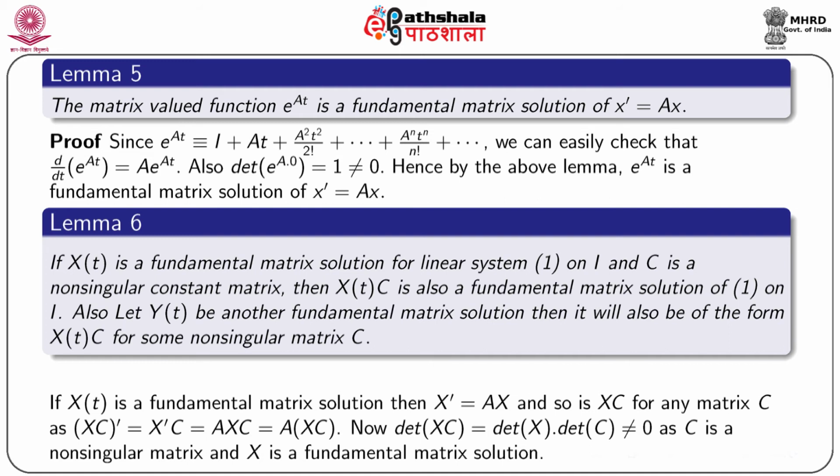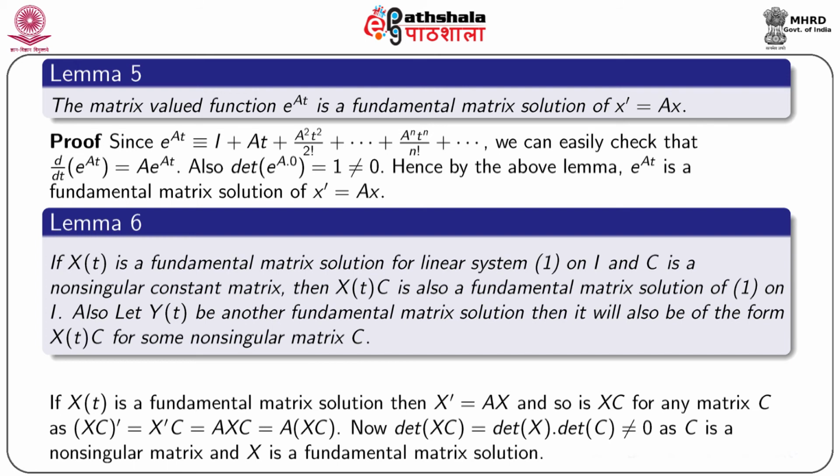So, for the proof, e to the power A t, we first expand it and we get e to the power A t is equivalent to I plus A t plus A square t square by 2 factorial plus dot dot dot A to the power n t to the power n by n factorial plus dot dot dot. Please note, this is just an expansion of e to the power x. The only difference is here in the power there is a matrix, and hence instead of 1 we have replaced it by the identity matrix I.